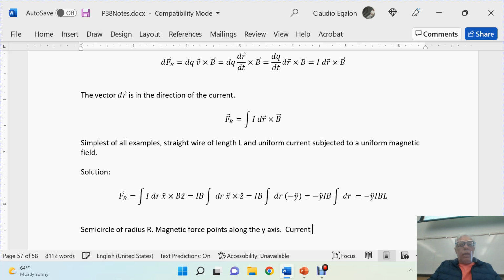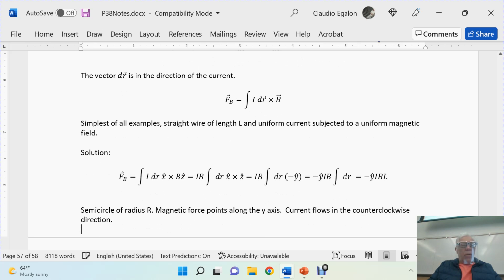Current flows in the counterclockwise direction. Find the net force. Solution.